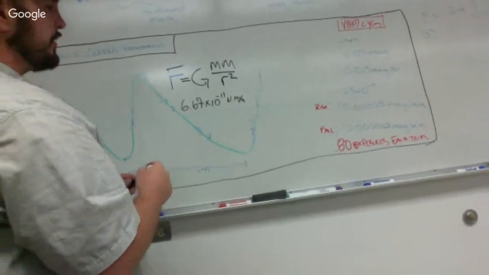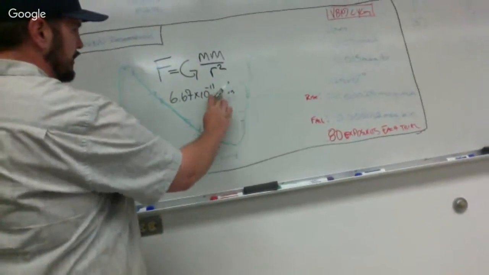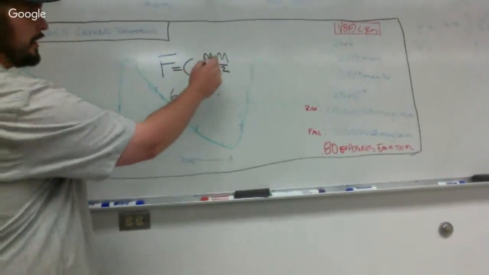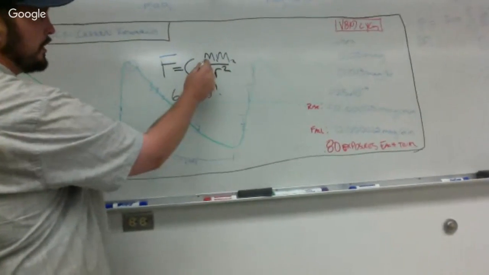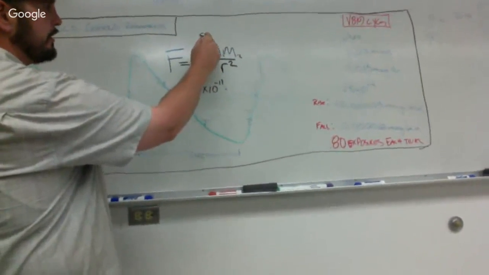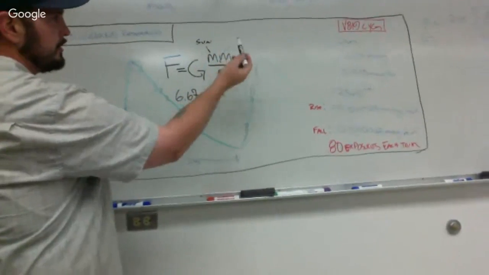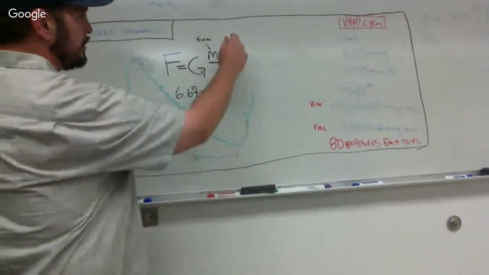I always look up my constants, but this is just the gravitational constant. And then you have mass 1, say we call mass 1 the sun, and mass 2, let's just call it this hypothetical brown dwarf.